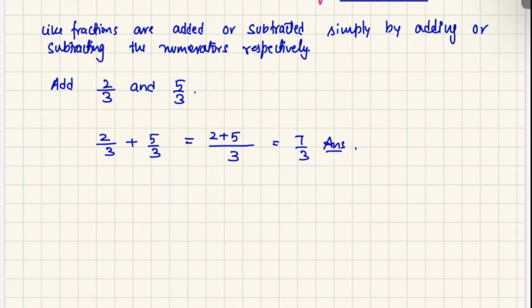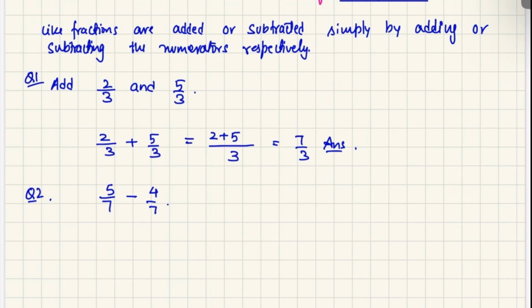Because these are two like fractions, how do we add like fractions? Keeping the denominator the same, we simply add the numerator. In case it's a subtraction, this is question 1. We have another example, question 2: 5 by 7 minus 4 by 7. As we can see, the denominator is the same in both cases.